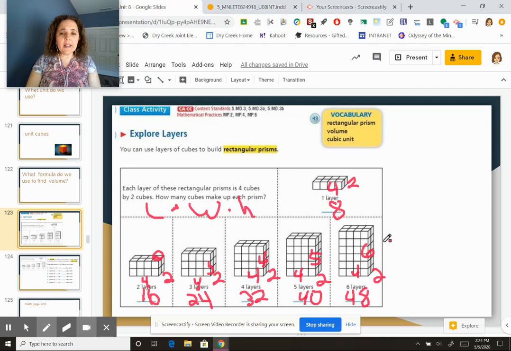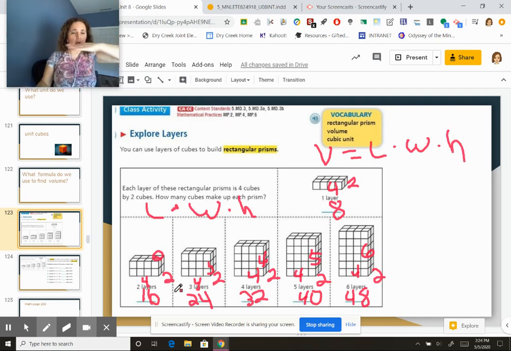So to find my formula for volume, volume equals my length, how many are going across, times my width, how many are going in, times my layers or my height. My length going across, my width going in, and my height going up.